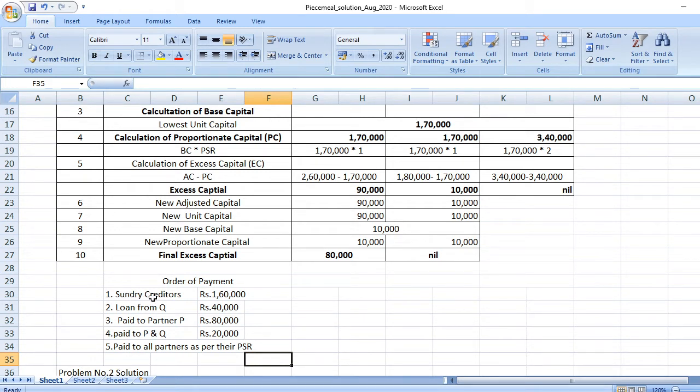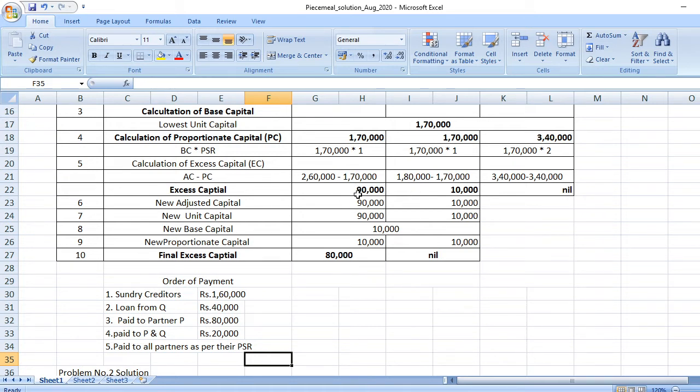First of all, we pay the outside liabilities: sundry creditors and loan from Q. Then we pay the partners, the final excess capital held by Mr. P, 80,000. Then the previous excess capital belonging to P and Q: P's excess capital was 90,000 and Q's was 10,000.